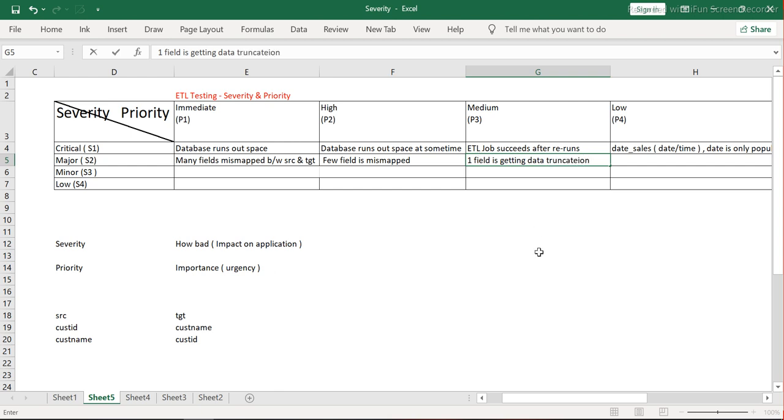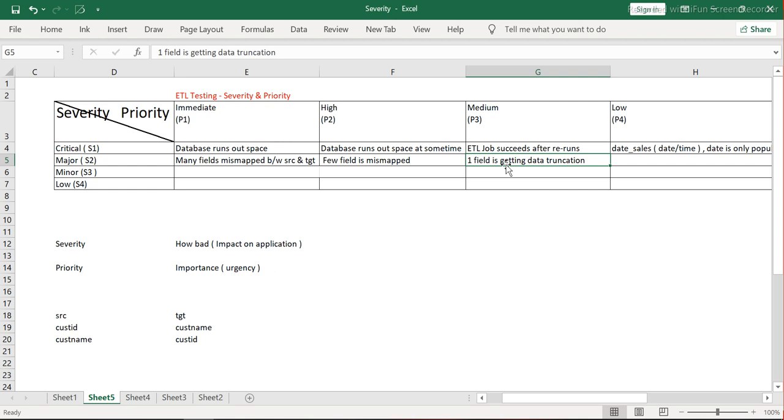Why? Because one of the fields is getting truncated, some of the characters are getting truncated, but for the remaining fields you are still able to do the testing. Here few fields are mismapped, which means almost 50% is blocked. But here only one field is having a problem. For the rest of the fields you can still go ahead and do the check and field level validation, etc. You can still do that, right?